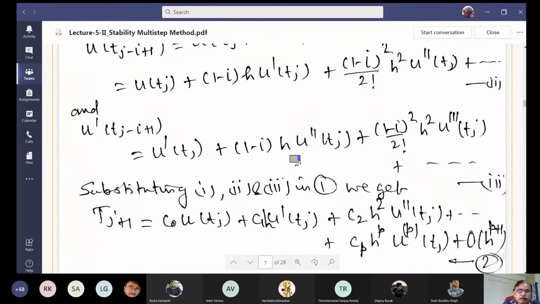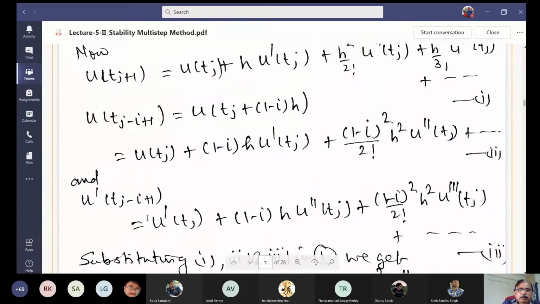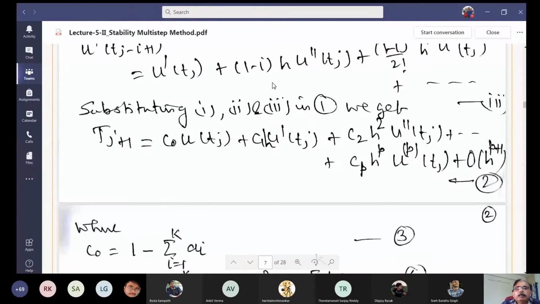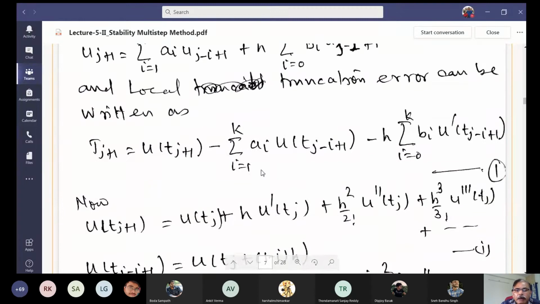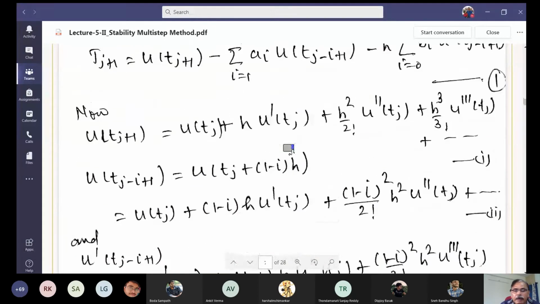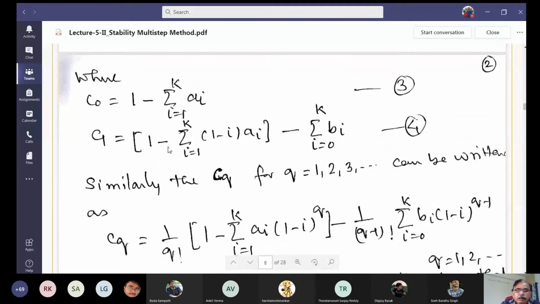So you see, in C1, 1 is always there, because u_{t_{j+1}} is written as u_{t_j} plus h u prime t_j. So 1 will come from here, the 1 into h u prime t_j, and then the remaining part will come from the summation, multiplied with 1 minus i, because 1 minus i is there. So you see here, i running from 1 to k, (1 − i) a_i. Up to this it is clear?